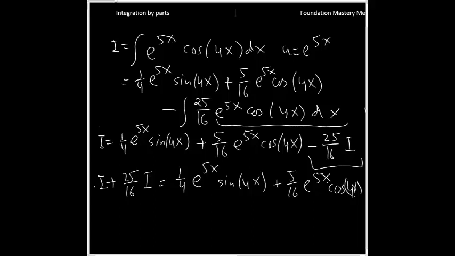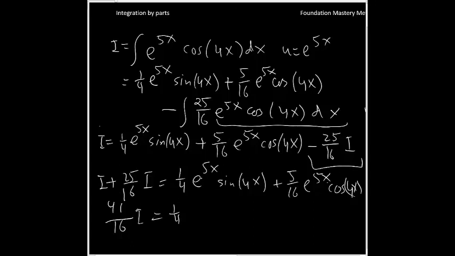So then add this one here. What is I plus 25/16 I? 25 plus 16, 41. Is that right? 1 plus 25/16, so 16 plus 25. Yeah. So that gives me 41/16 I equals 1/4 e to the 5x sine 4x plus 5/16 e to the 5x cosine 4x.